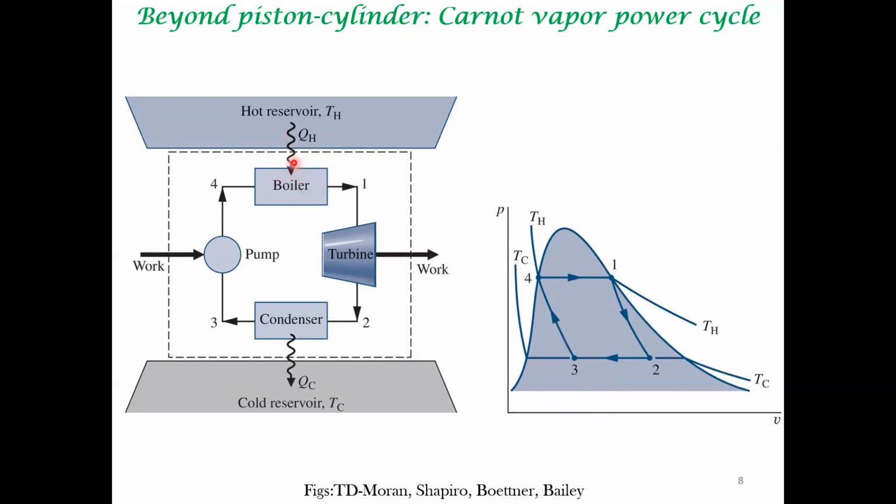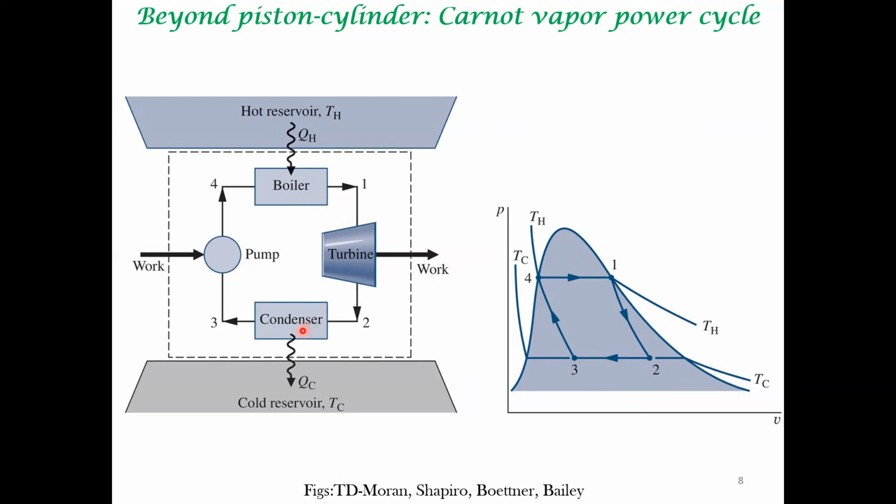There's a boiler which evaporates from a condensed phase to the vapor phase by a heat input from a high temperature reservoir. That vapor is used to run a turbine and get some work. Then there's a condenser.